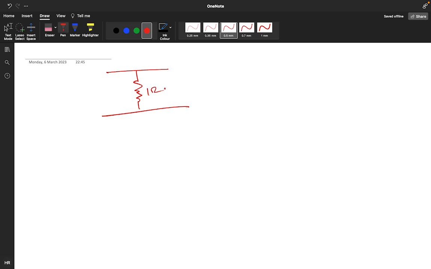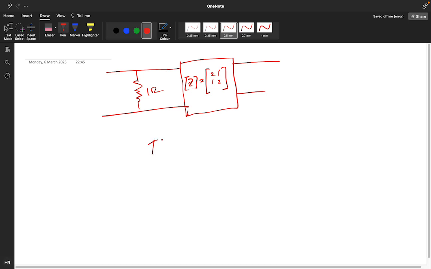This is 1 ohm. It is given Z parameter, 2 1 1 2. Now you have to find the overall T parameter. For this, what will you do?